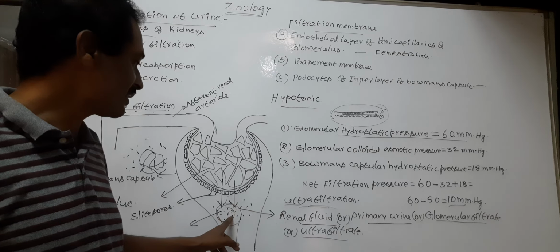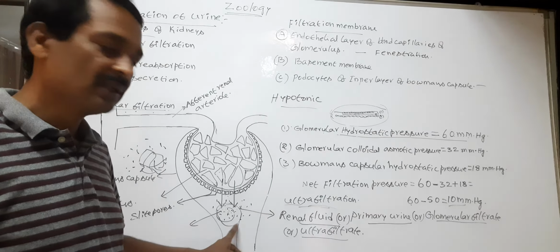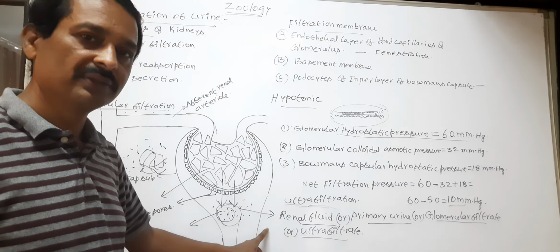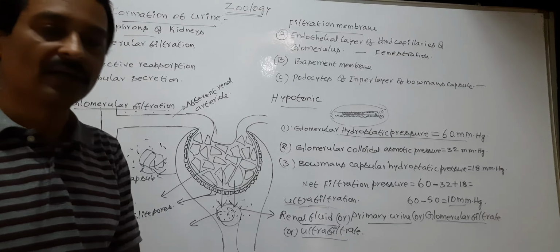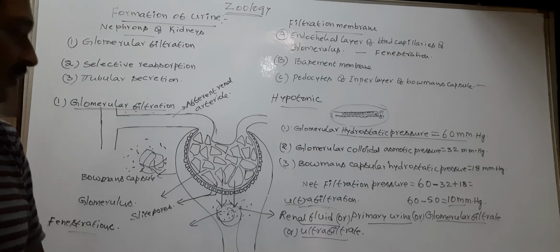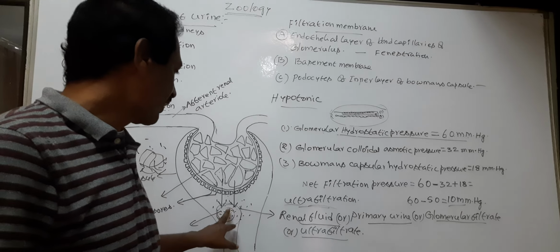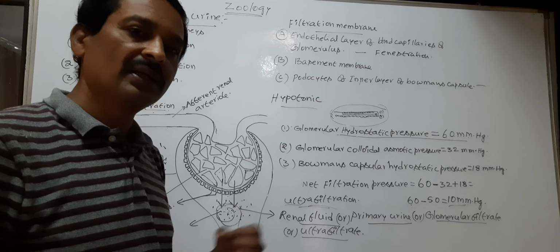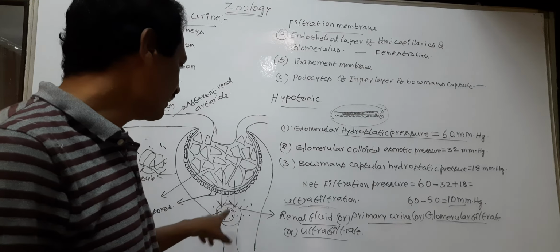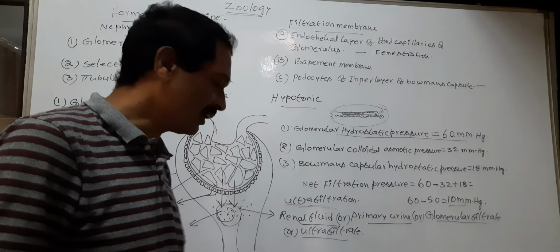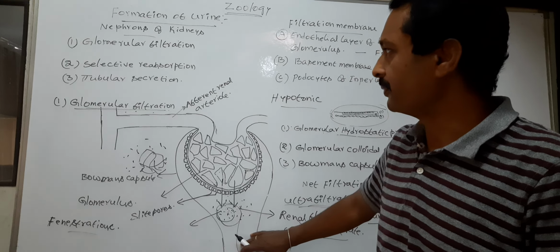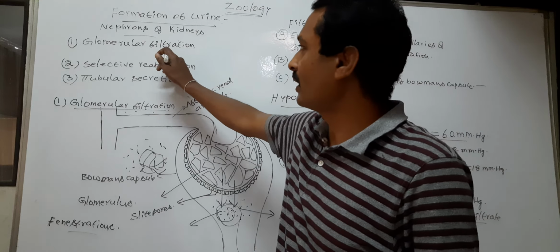These essential substances are reabsorbed into blood through the wall of renal tubule while the primary urine travels through the different parts of renal tubule. So this is glomerular filtration.